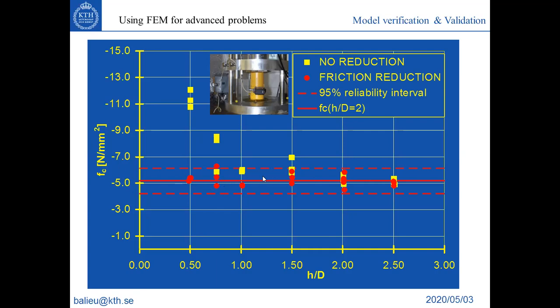So when you are doing a finite element simulation, you have to be sure of what you are doing, especially once you want to deal with material nonlinearity, since they are quite complex materials. So you have to be sure of the input of your simulation. So this was an example of a material test.